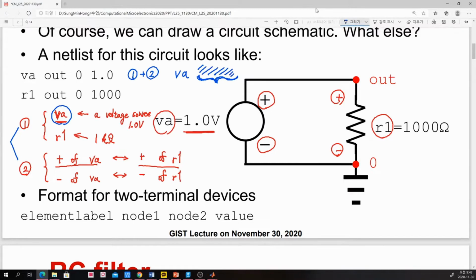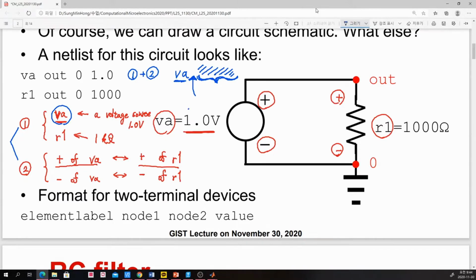And also we can insert here certain connectivity information. So VA is a voltage source, and a voltage source, from its construction, is assumed to have two terminals.